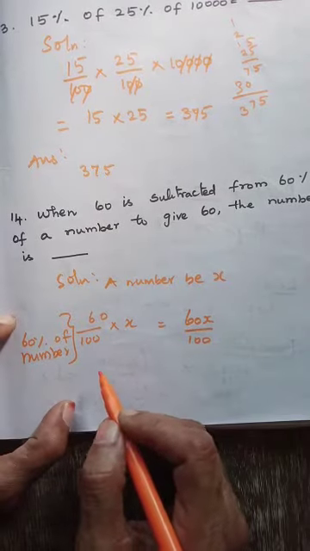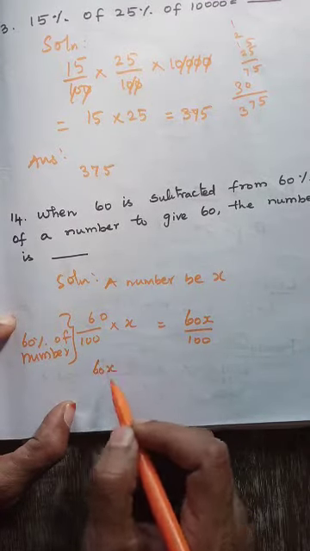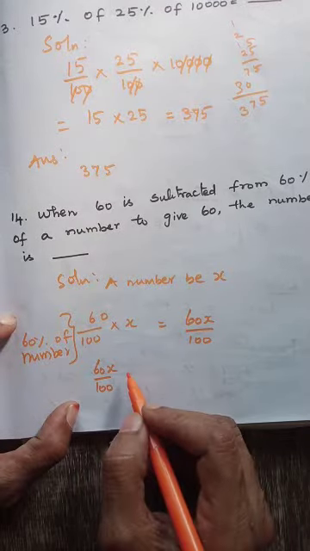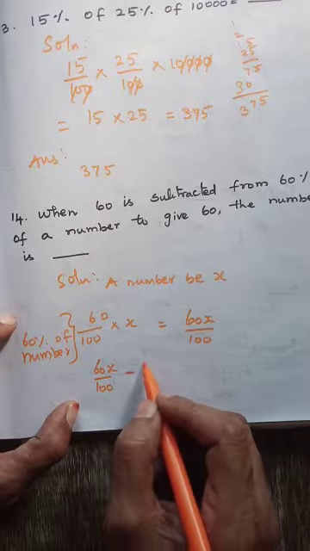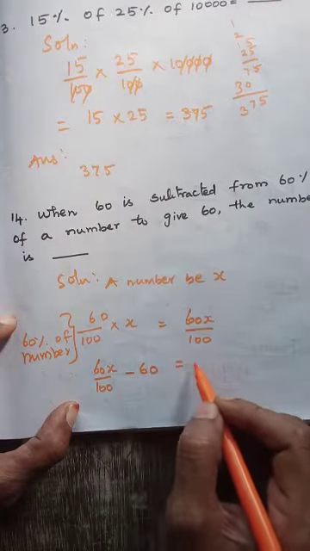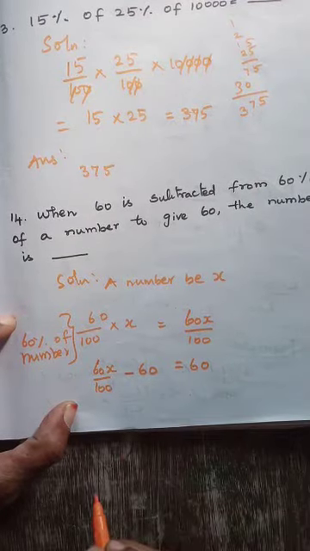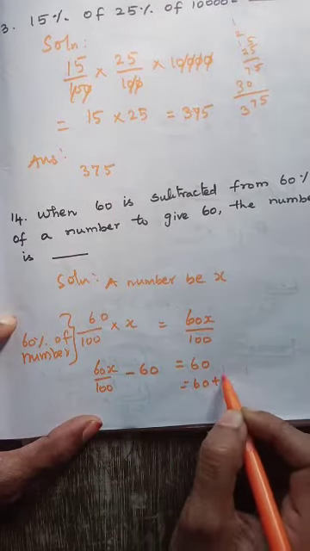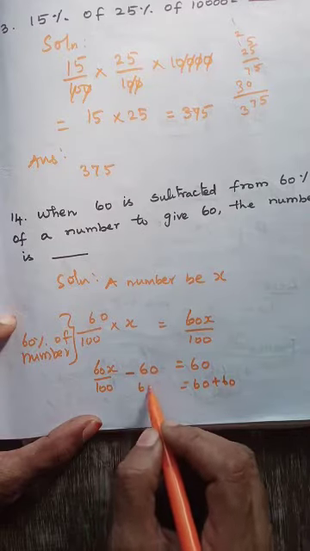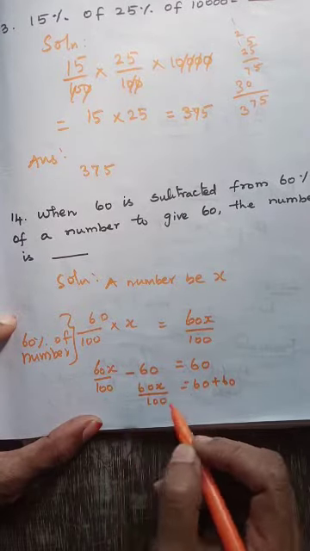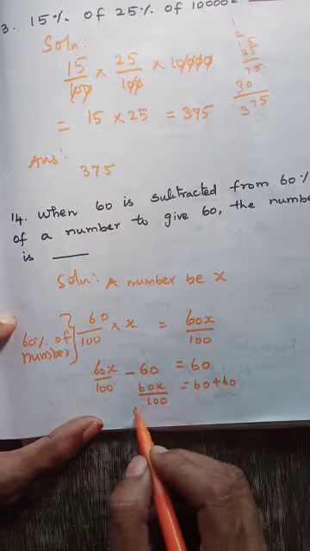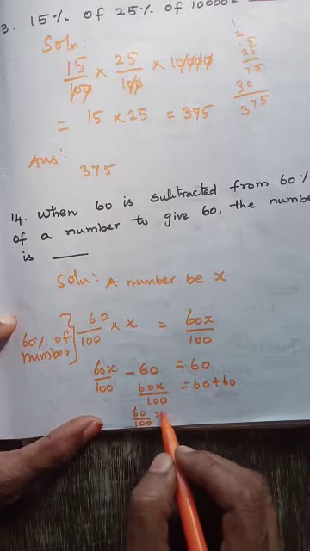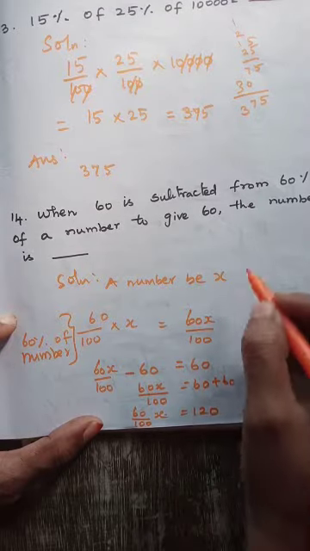So 60x by 100 minus 60 gives 60. Okay. Now you bring this minus 60 that side, means it will come as 60 plus 60. Here 60x by 100. Isn't it? So 60 by 100 x is equal to 120.